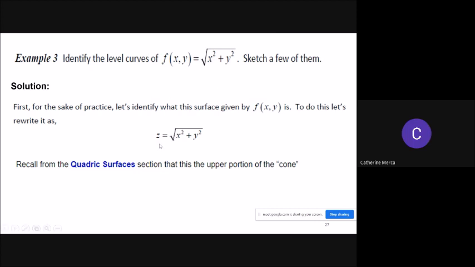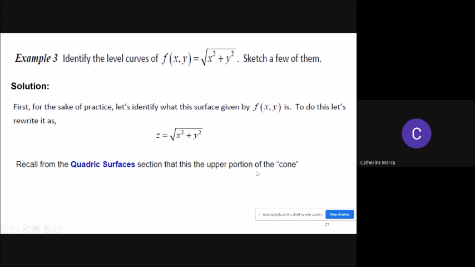Kasi pag ilipat niyo dito, minus z that is equal to 0. Okay? So pwede square niyo yung dalawa. Z squared equals x squared plus y squared. Di ba? Pero pag lipat niyo dito, you will have 0 equals x squared plus y squared minus z squared.